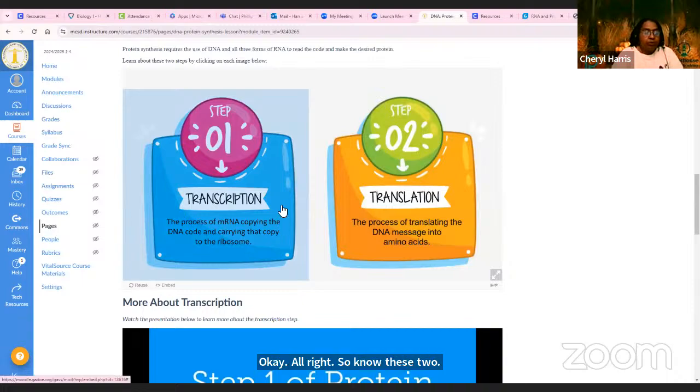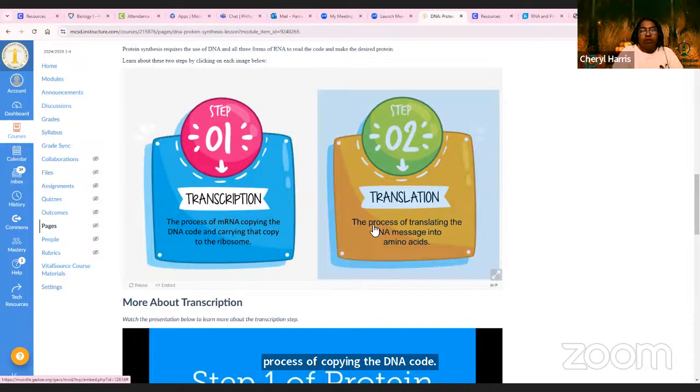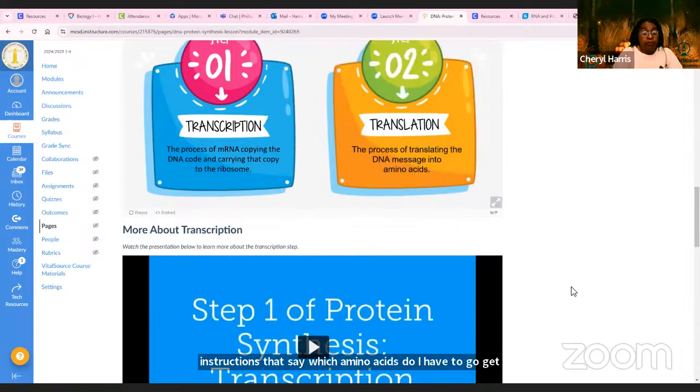Transcription is the process of copying the DNA code and then carrying the copy to the ribosome. Translation is, and I don't like when they use the word to describe a word, translating the DNA message into amino acids, or converting the message into instructions that say which amino acids I have to go get to build this protein.